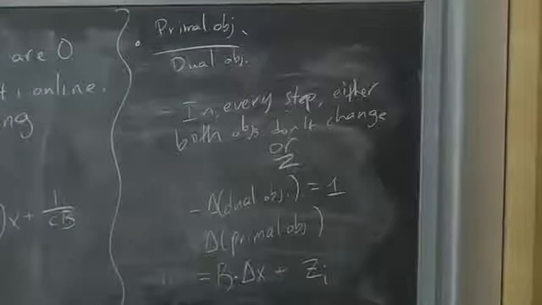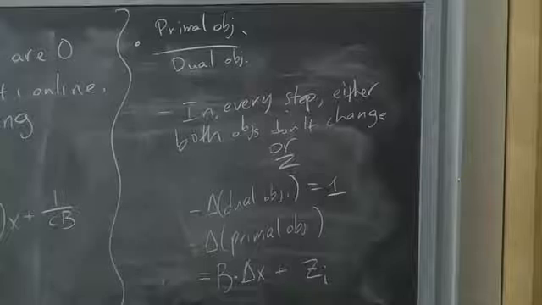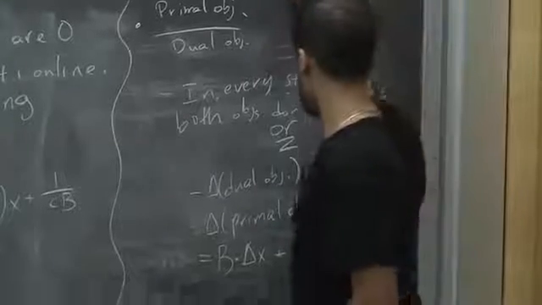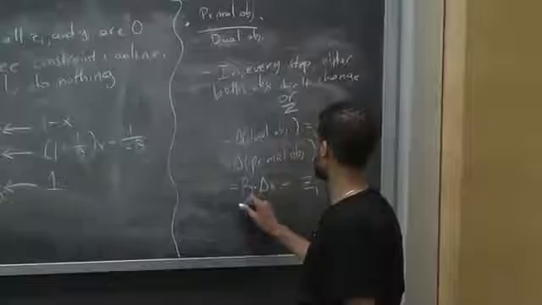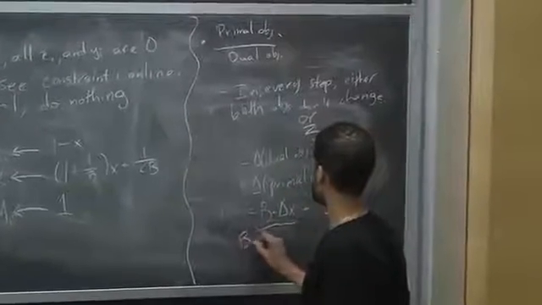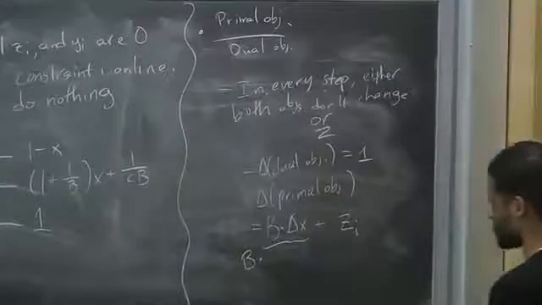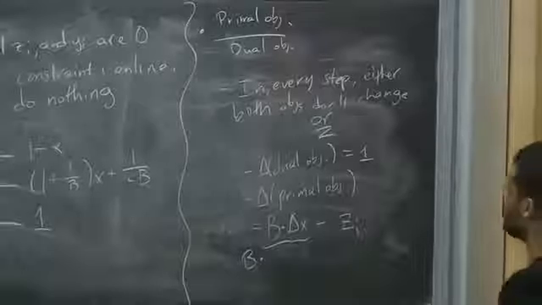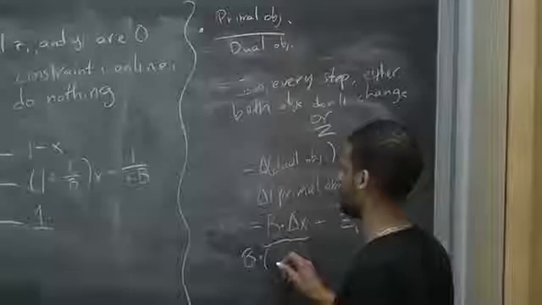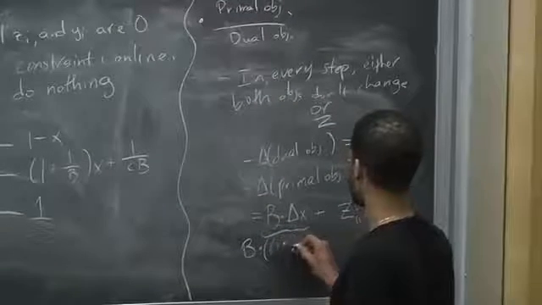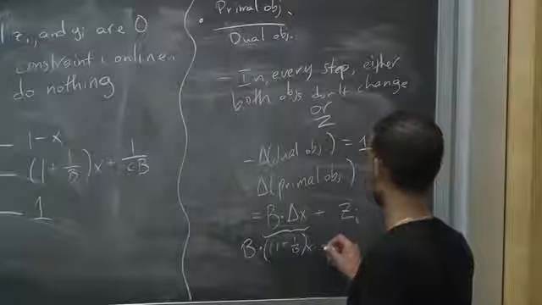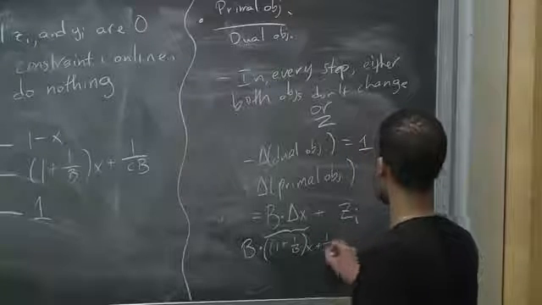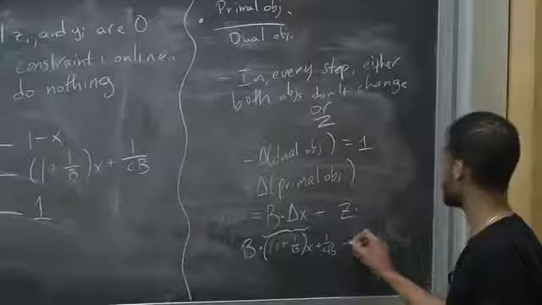And what's the change in x? Well, this is b times the new value of x, (1 plus 1 over b) x plus 1 over cb, minus the old value of x, which was just x.